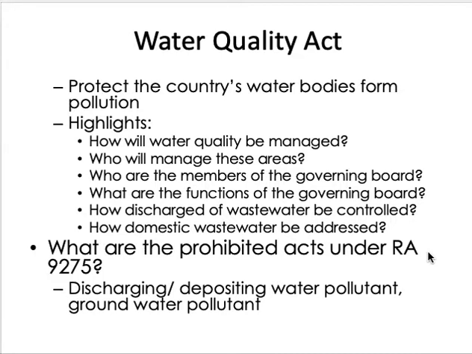How will the discharge of wastewater be controlled, gaya ng sabi ko, yung wastewater treatment process, and how will domestic wastewater be addressed? Okay, so paano mo siya i-design na less pollution or no pollution ang pupunta sa bodies of water. So what are the prohibited acts under RA 9275? Isa lang naman, discharging and depositing water pollutants, groundwater pollutants, and even other water pollutants in different bodies of water.